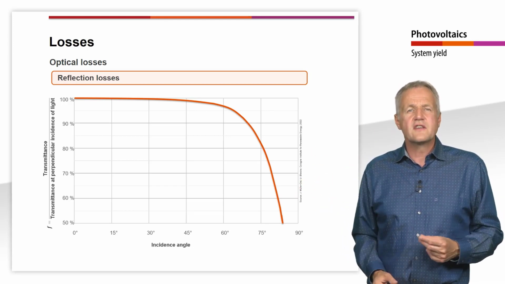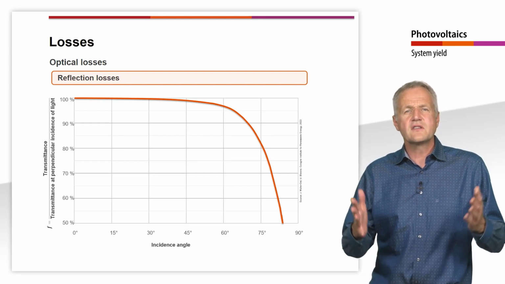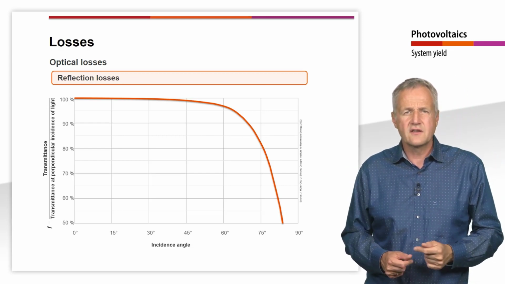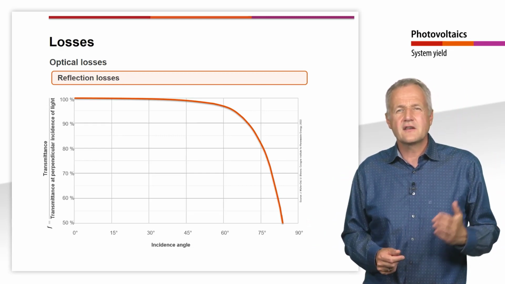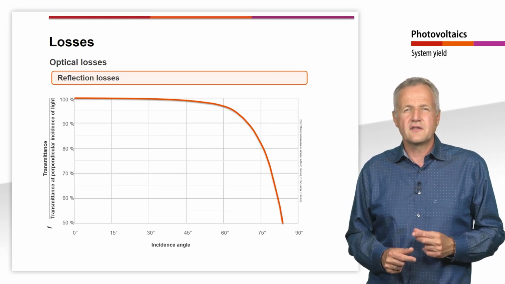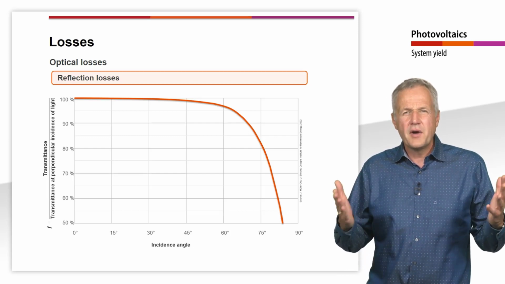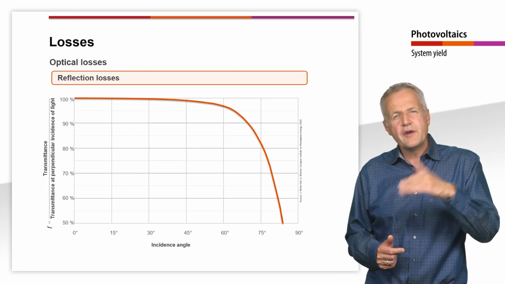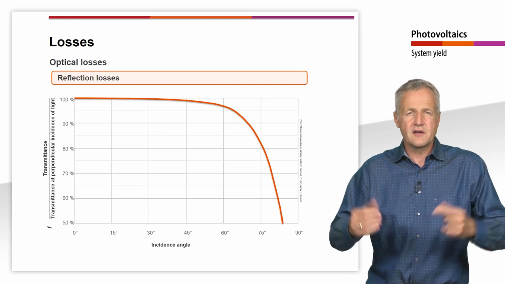The transmittance is given in relation to the transmittance at perpendicular incidence. It can be clearly seen that only relatively low reflection losses occur at low angles of incidence. Above angles of incidence of 50 degrees, however, reflection increases significantly.